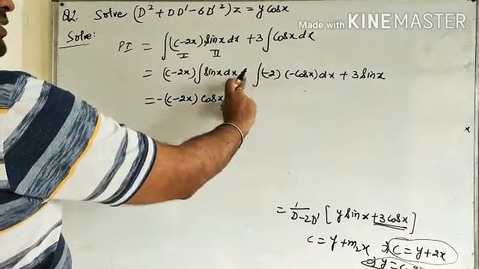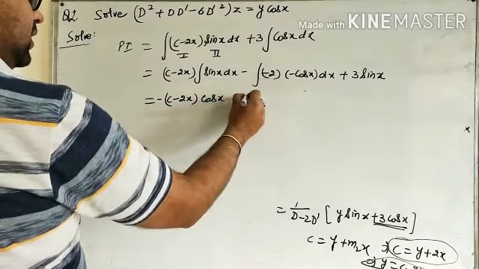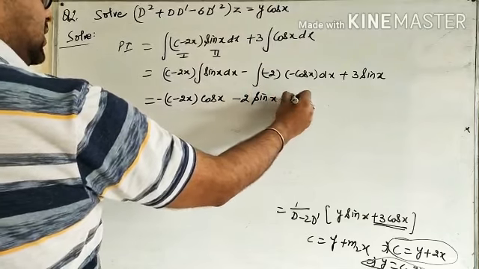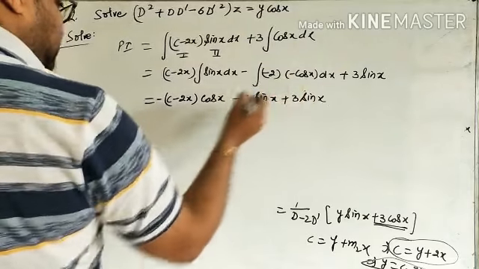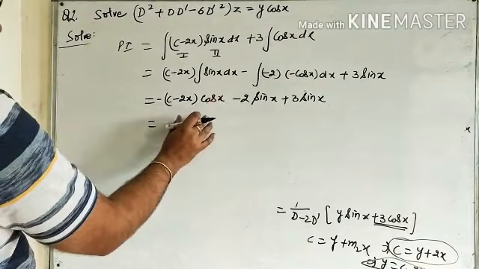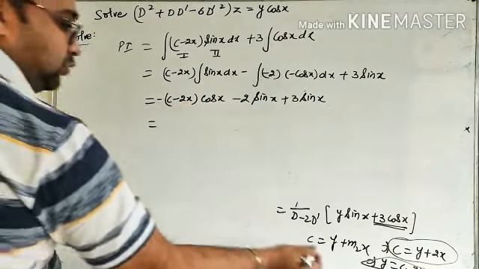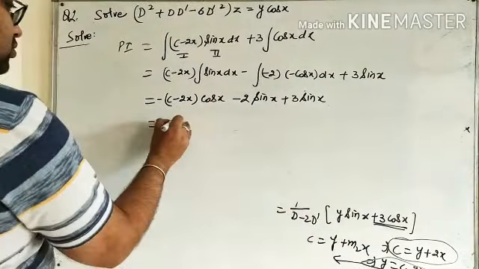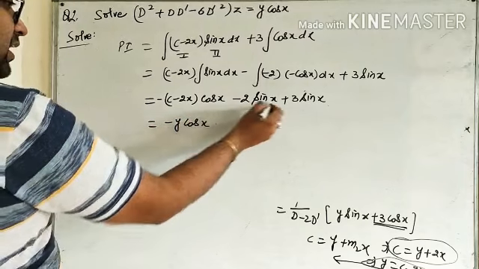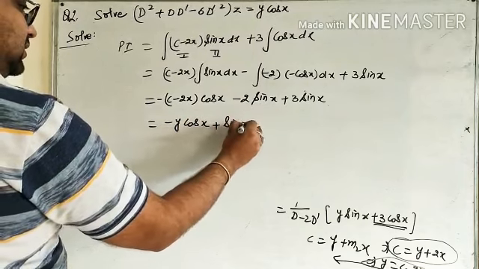This minus minus plus, and plus minus minus, 2 is a constant, so we can take it outside the integral, and the integral of cos x is sin x, plus 3 sin x. It is equals to, we can change this c minus 2x directly by this y. So minus y cos x and plus sin x.